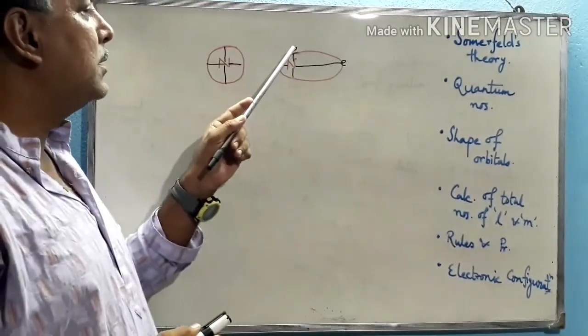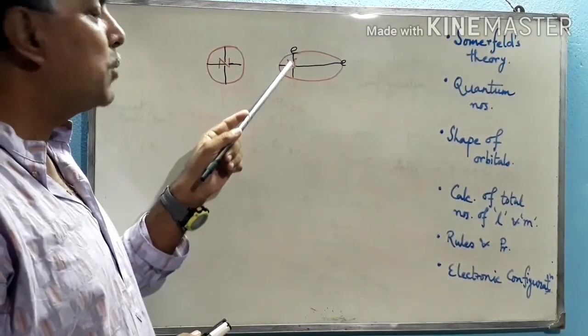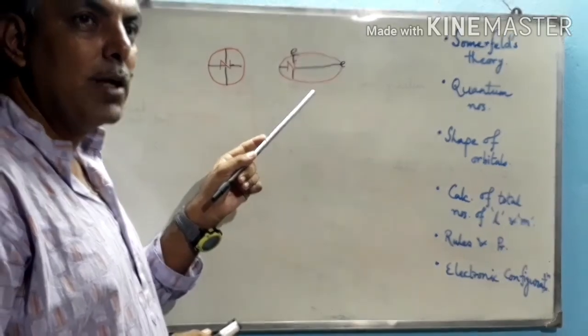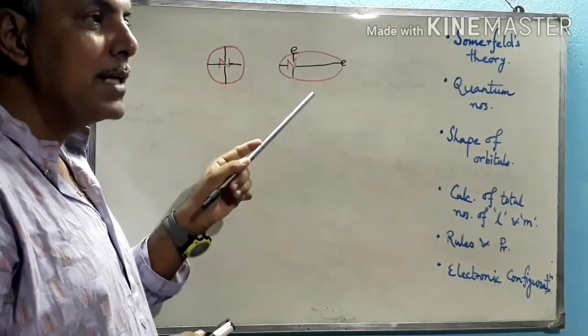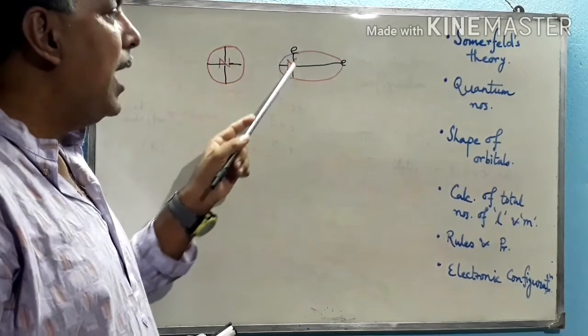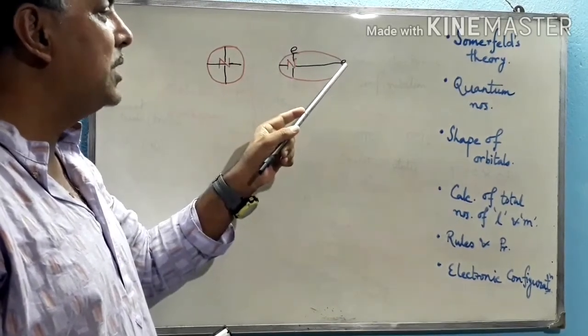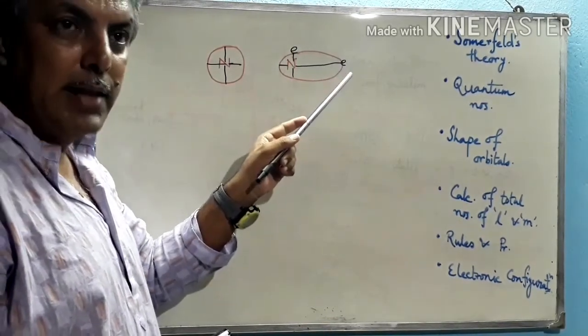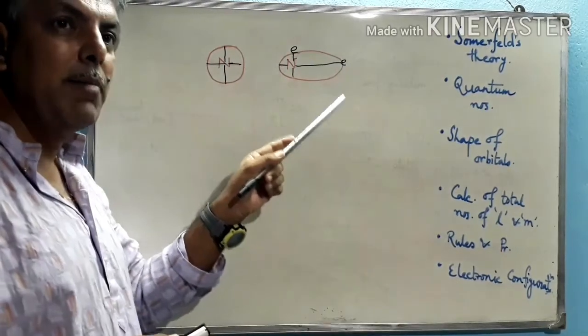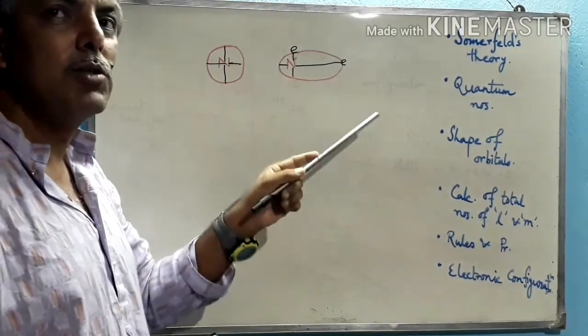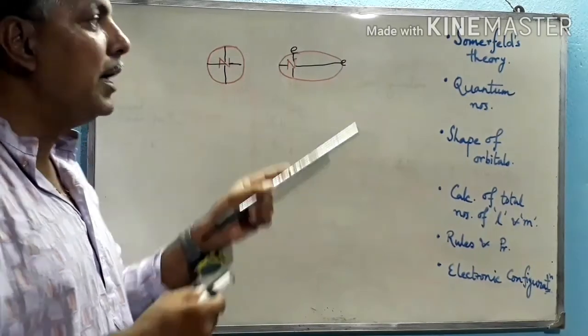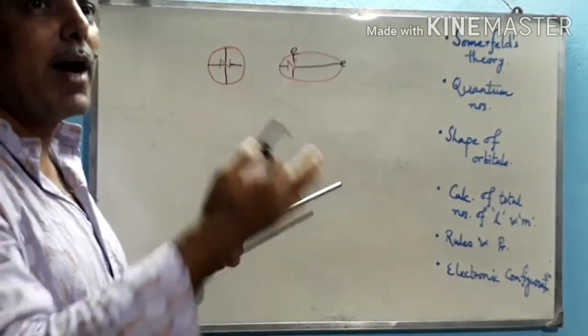When the electron is at the nearest position, the attraction with respect to the nucleus is the highest, and hence its velocity will be maximum. And when it is at the farthest position, the attraction is the minimum, and hence its velocity will also be the minimum. So in a particular orbit, its velocity fluctuates.